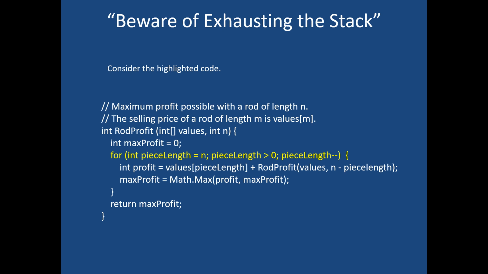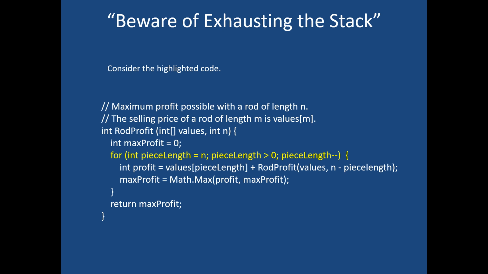Imagine n is 30, so piece length starts out at 30, and then it gets counted down 29, 28, 27. So when piece length is 30, what recursive call do we make? 0. So how deep did the recursion go? Two stack frames on the stack, right? One where piece length was 30, and then one where piece length was 0.